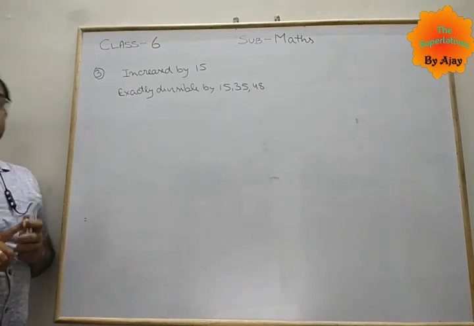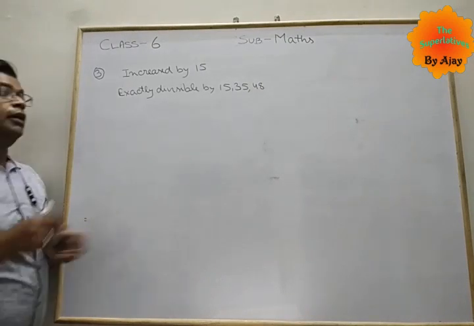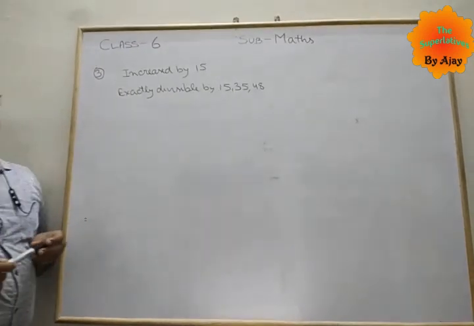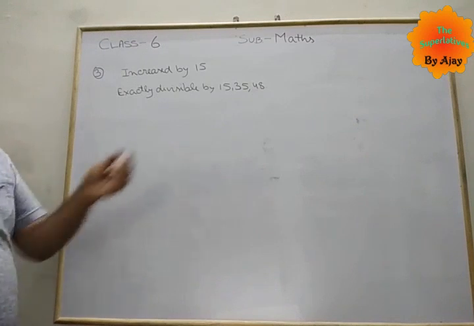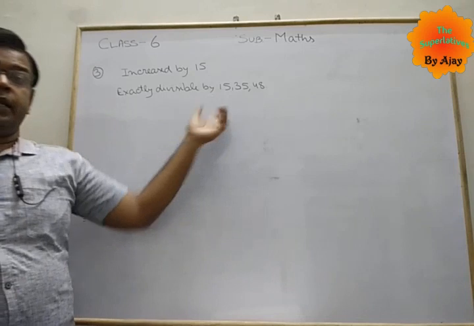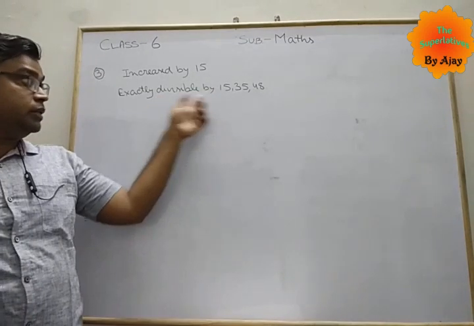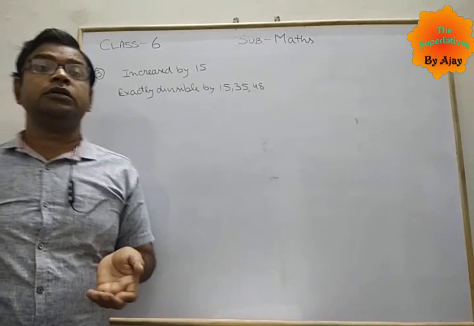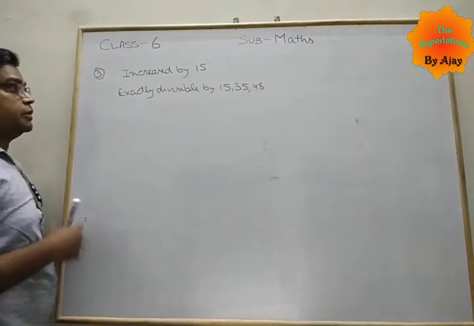In case of divisibility by these three numbers, we must use the multiples. So in this case we are going to find the LCM of 15, 35, 48. We use the common division method.